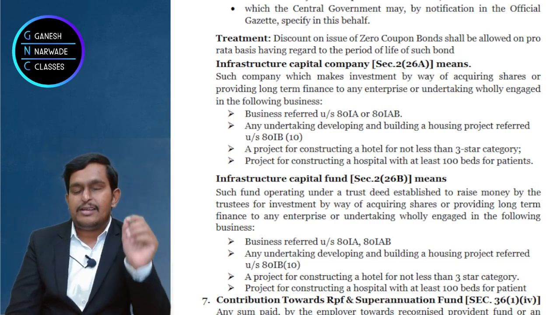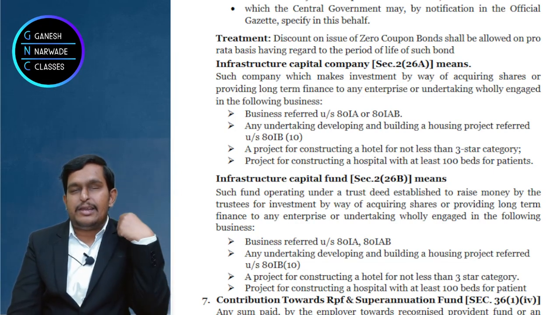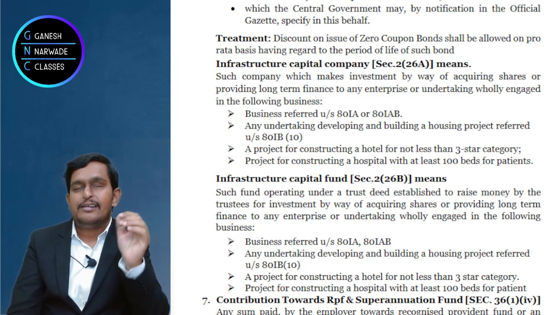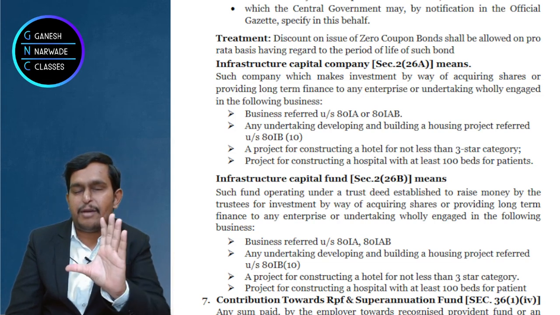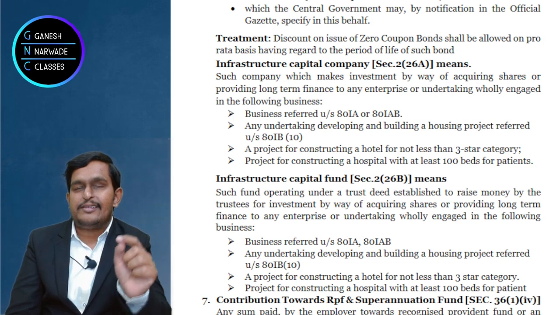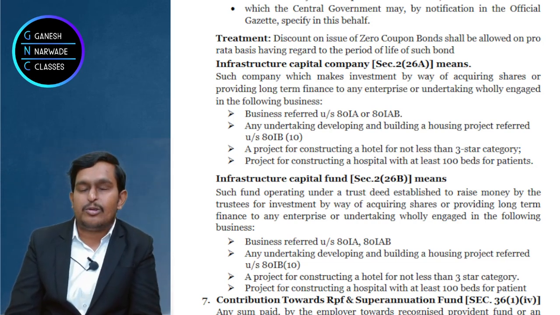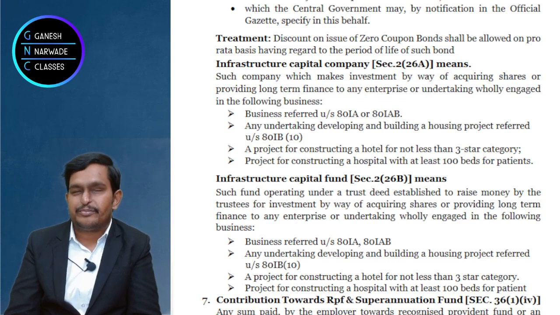Basically they issue the bonds and take the money from the people and repay a fixed amount at the maturity or redemption. And only when the central government notifies certain bonds as zero coupon bonds, then they become zero coupon bonds.